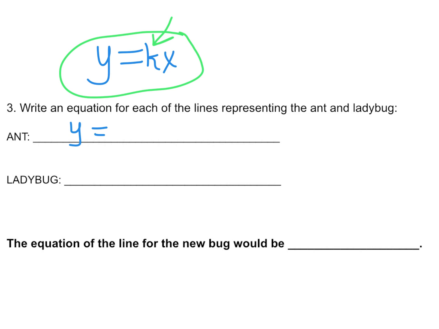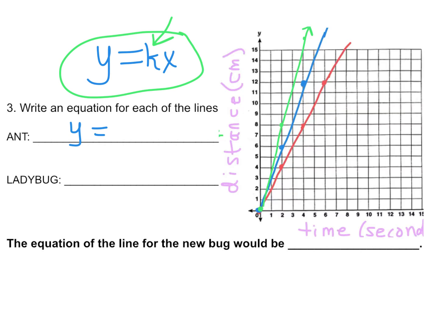So if you go back and look at the graph, the ant, after 1 second, is right there at 3. So that's the speed. It goes 3 centimeters in 1 second. So we put our 3 in for our constant, our speed. So our equation would be y equals 3x.